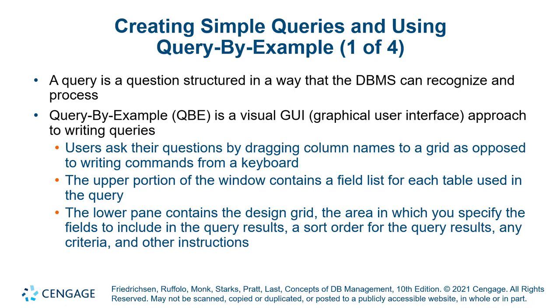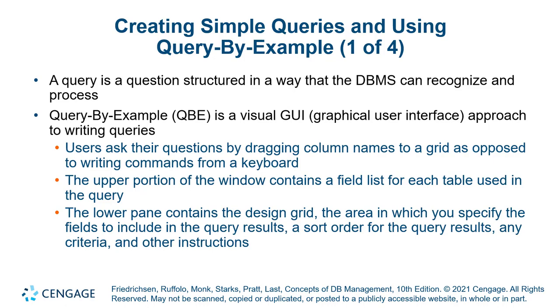When we have a query within Access, there's two parts to it. The upper field lists out all of the attributes, or the column names, for our tables. And then the lower panel is a grid that lists out what we're going to request.